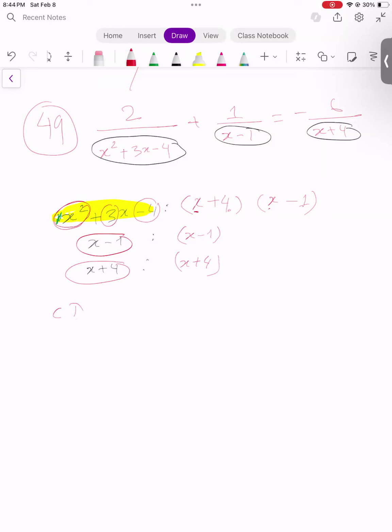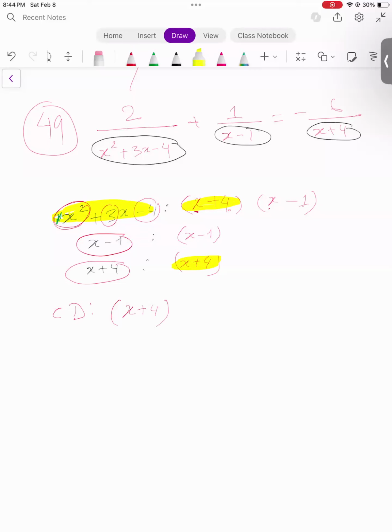So our common denominator would be, now you look for the common factor in all these three denominators. Do we have a common factor in all of these three? We don't have any, but we do have a common factor in two denominators. Like we have x plus 4 here, we have x plus 4 here. So we write down 1 time x plus 4.